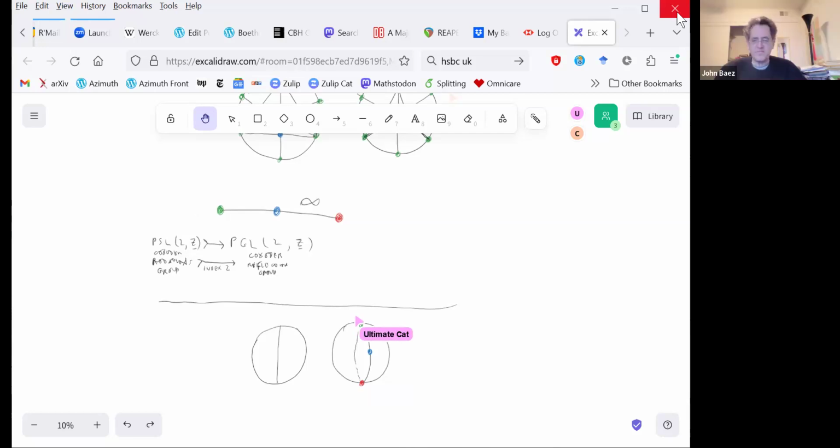Right, you're right. Since we're quotienting by an index 2 subgroup, you get two tiles. There's SL2R, and if you mod out by that, you would get a point. But we're modding out by discrete subgroups, so we're getting continuous open spaces.